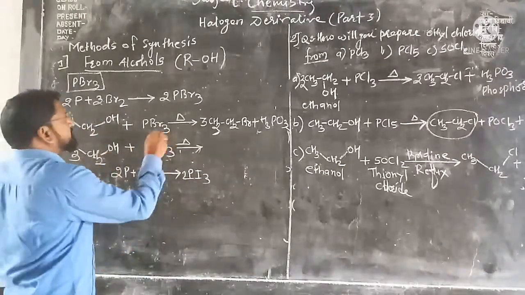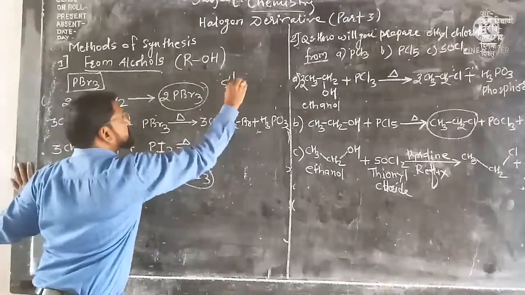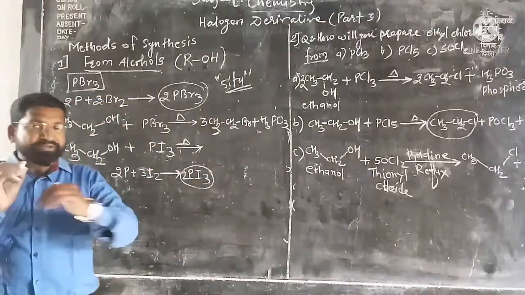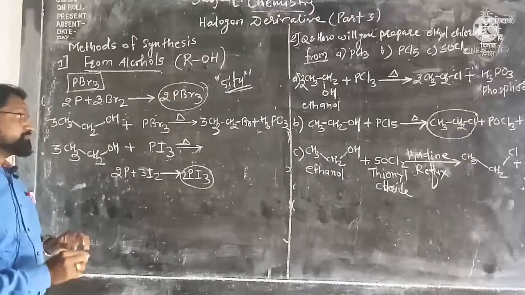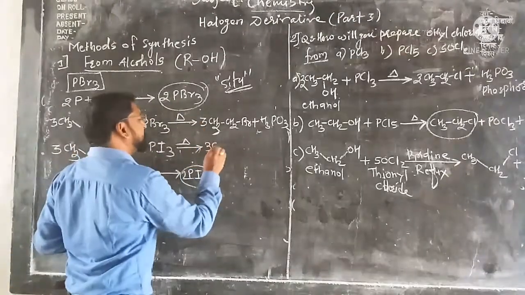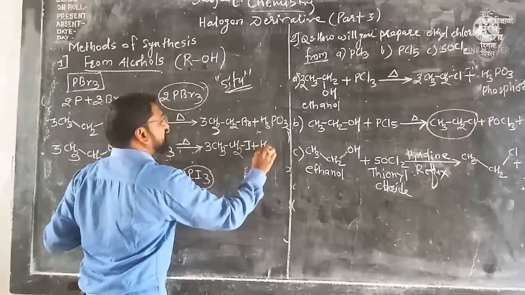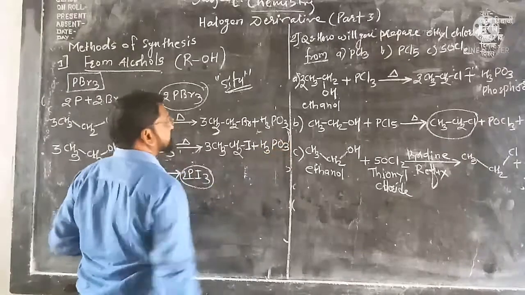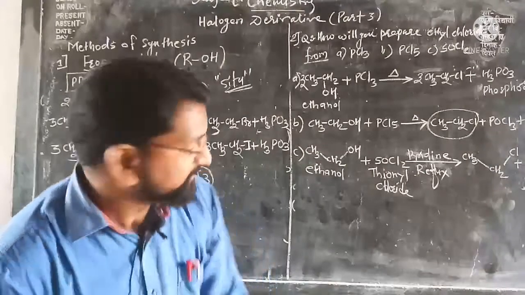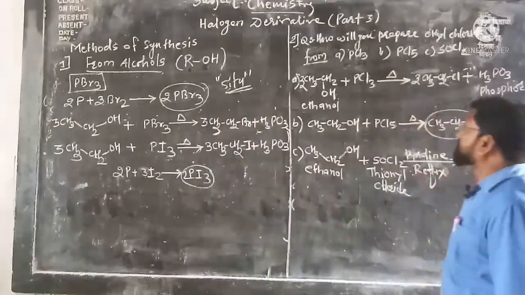See here, the formation of this PBr3 and PI3 all takes place in situ, because they are highly unstable. That's why at the time of reaction we have to prepare them. Just like the previous one, 3CH3CH2I plus H3PO3. So in this way we can prepare alkyl iodide like ethyl iodide also. These are the methods of preparation of alkyl halides.